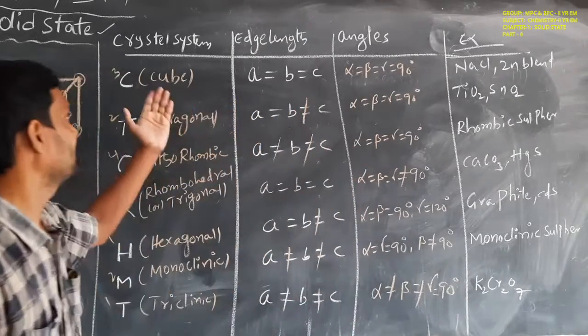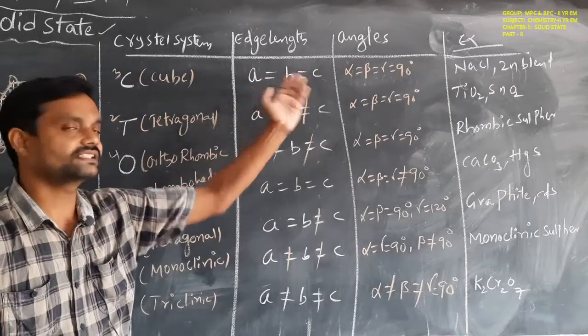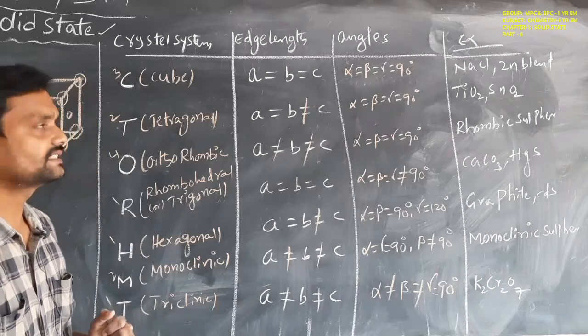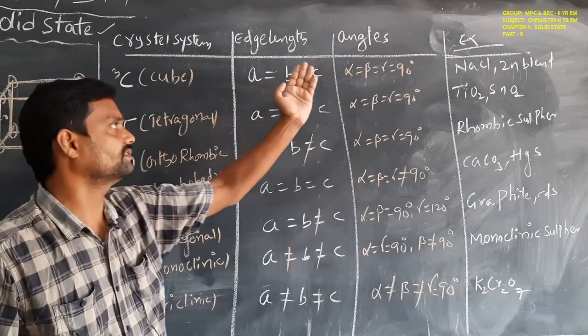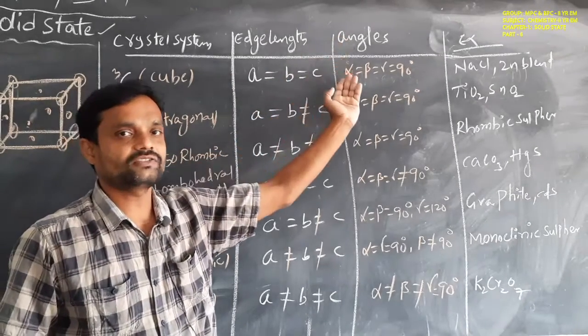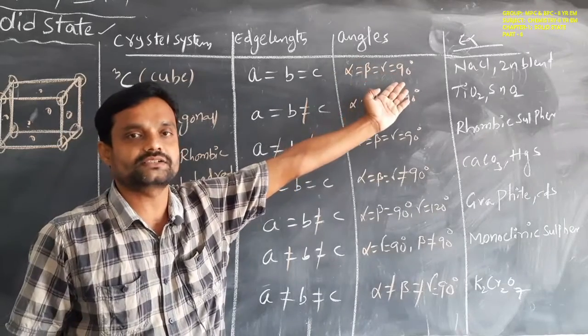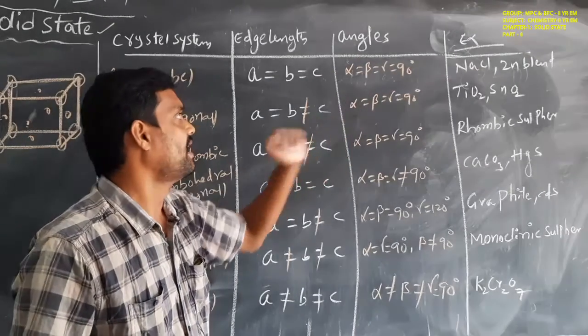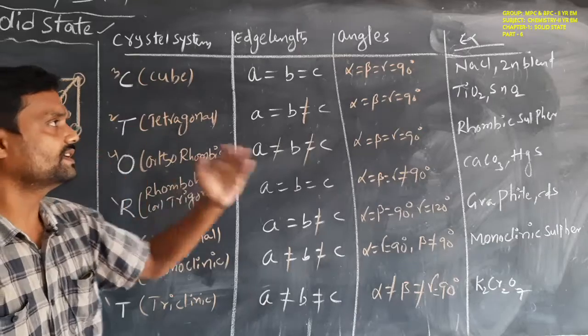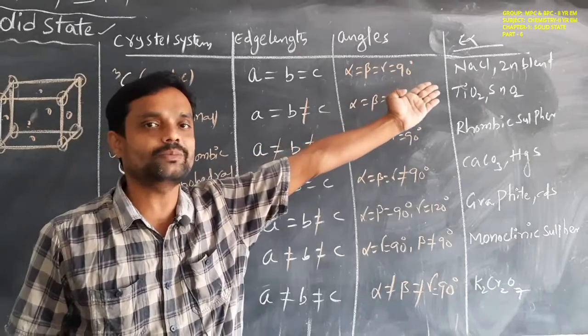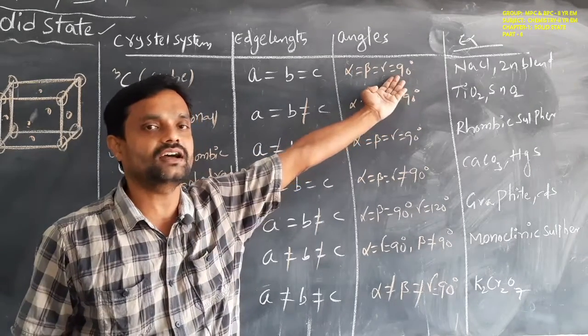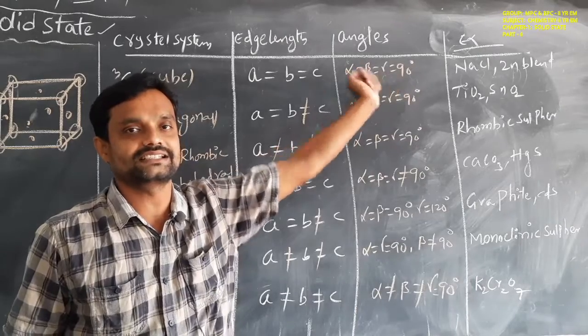Then that is considered a cube. So a equals b equals c, and alpha equals beta equals gamma equals 90 degrees. Examples of the cubic crystal system are sodium chloride and zinc blende.